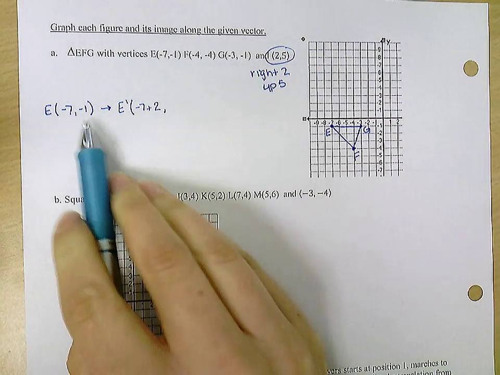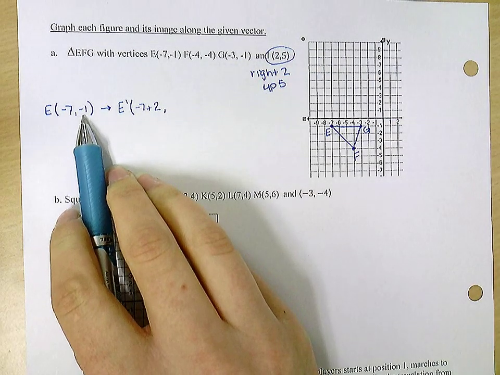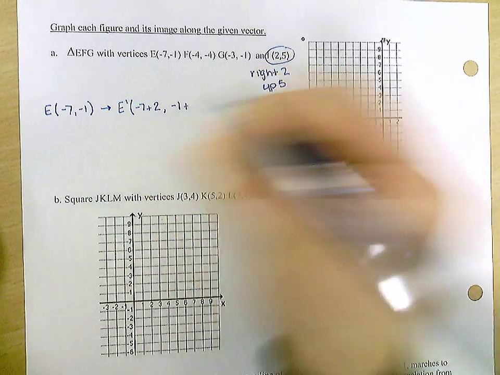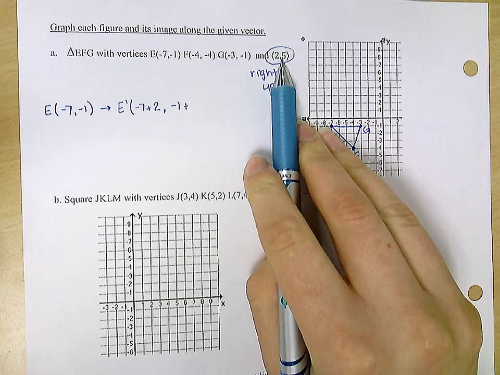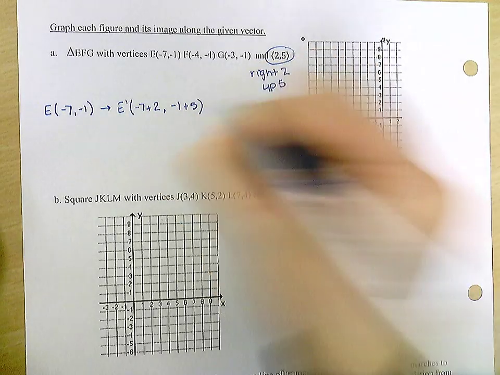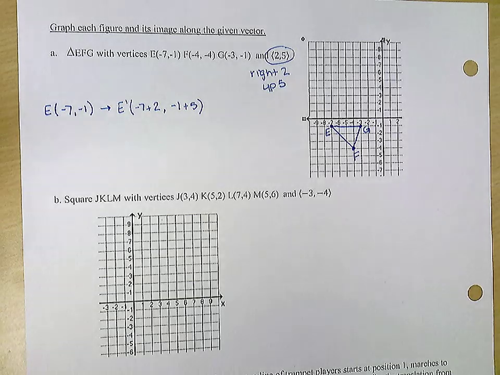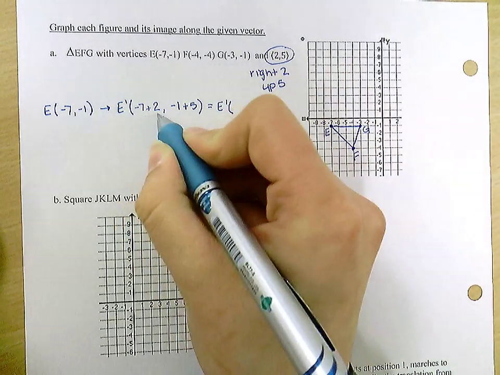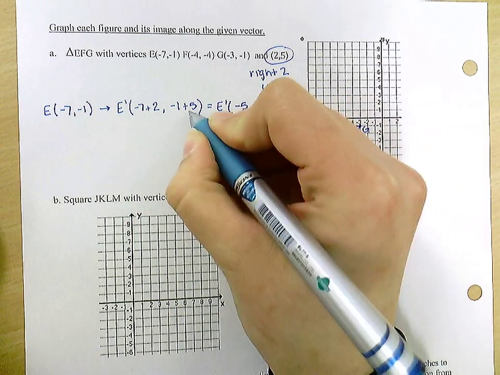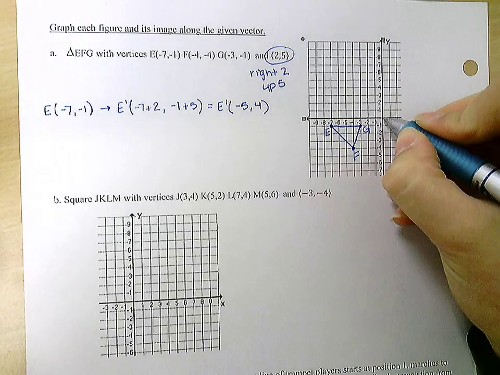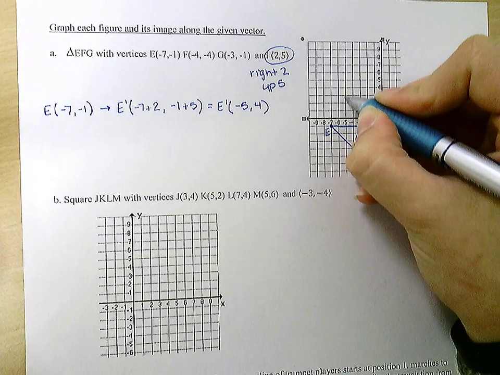Then I also need my new Y value, so I need to take my old Y value, which is -1, and add on my B value from my vector, which is 5. So E prime will be at -5, +4. And then I can just plot that point. So E prime is now at -5, +4.